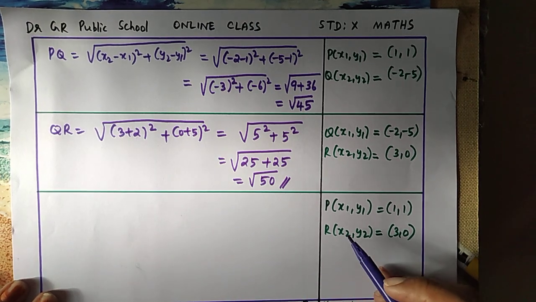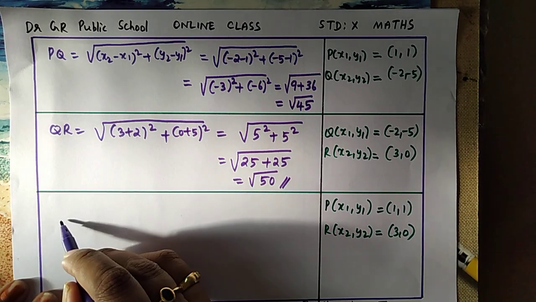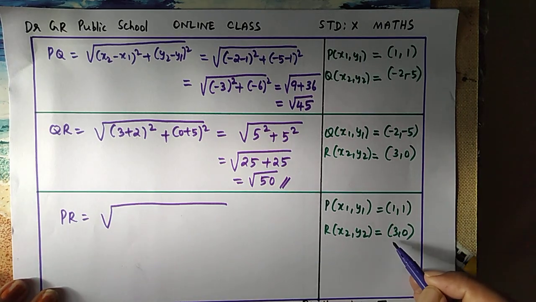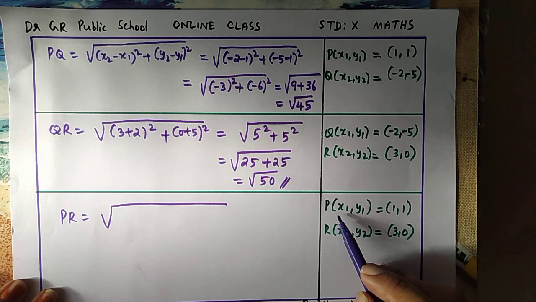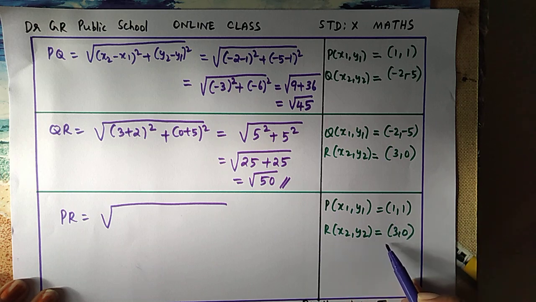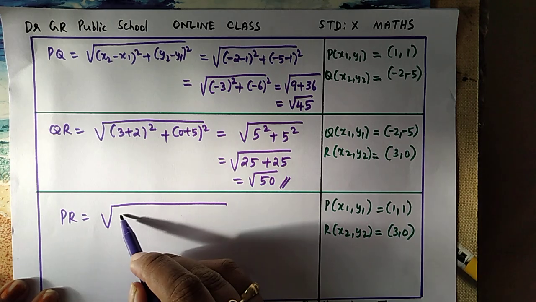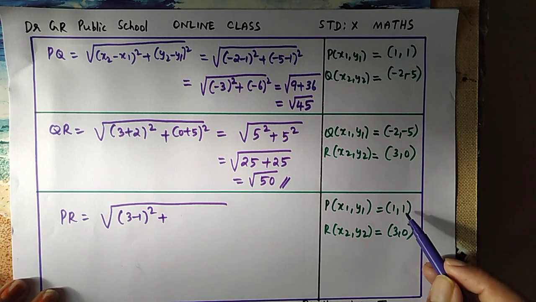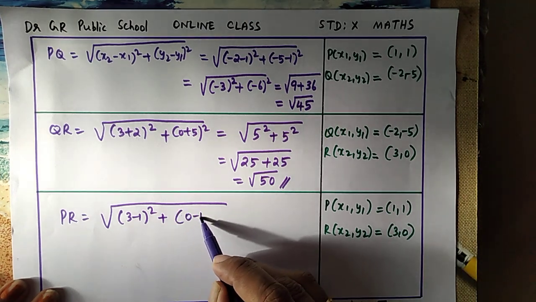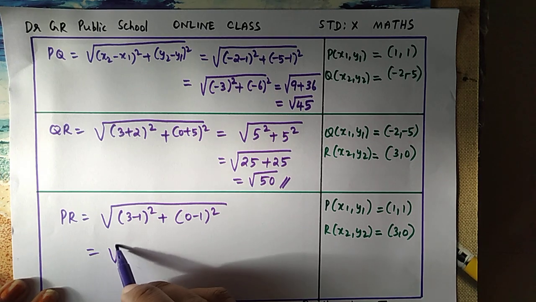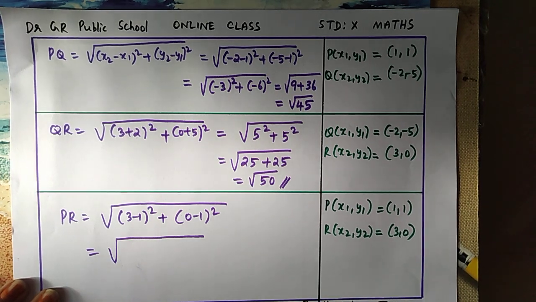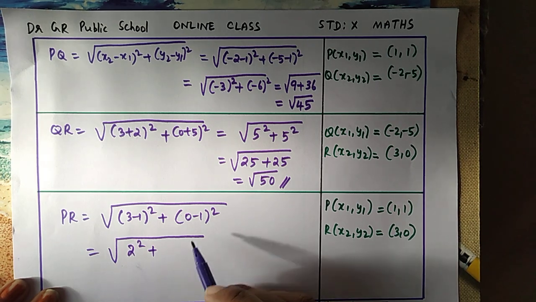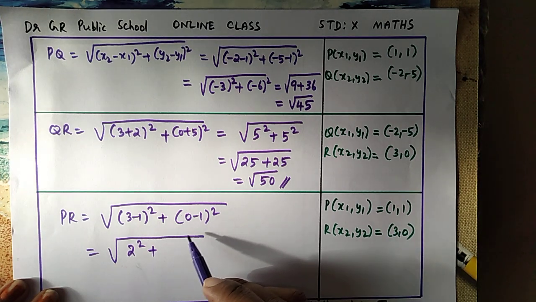Now the third side, PR. For that, PR equal to root of x2 minus x1 the whole square plus y2 minus y1 the whole square. P is our x1 y1, R is our x2 y2. 3 minus 1 the whole square, 0 minus 1 the whole square. That is equal to root of, what is 3 minus 1? 2. 2 square. 0 minus 1 is minus 1.